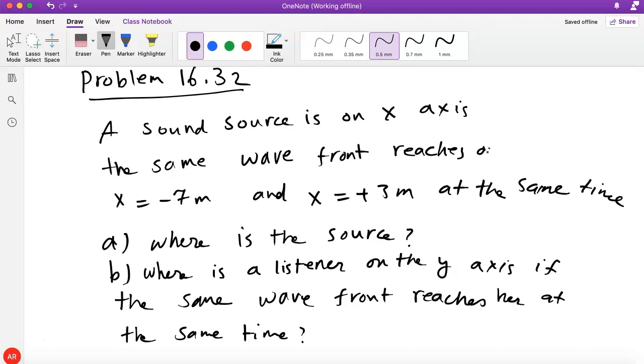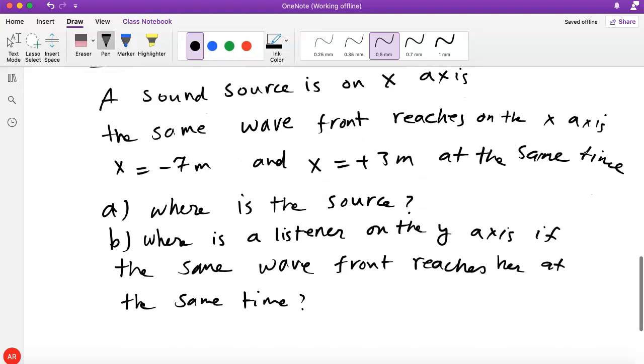Part A is asking where is the source, and part B is asking if you have a third listener on the y-axis, where is she on the y-axis if the same wavefront reached her at the same time as it reached the first two listeners at x equal -7 and +3 meters. All right, so pause the video, try to find the solution to this.